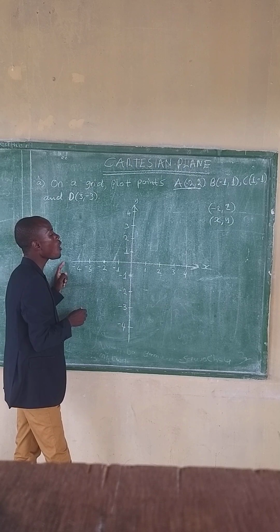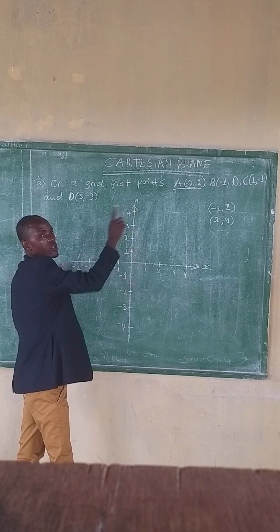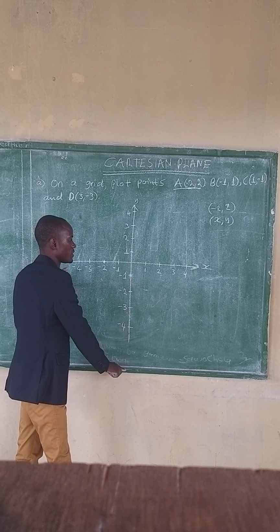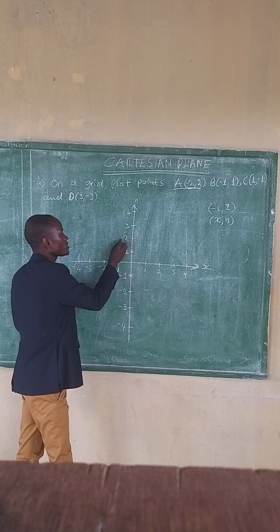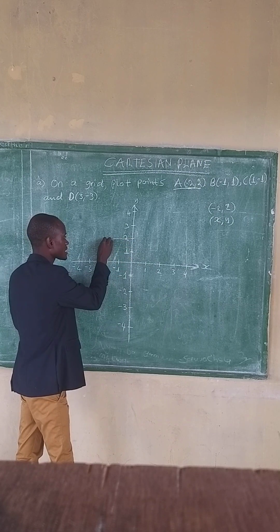So you put a point there, knowing where -2 is. Then you go on the y-axis and check for where you have +2. Up here we have positives, down here we have negatives. So this is +2, and you have a point here. You extend the line straight across, and you also extend another line from down there going up.